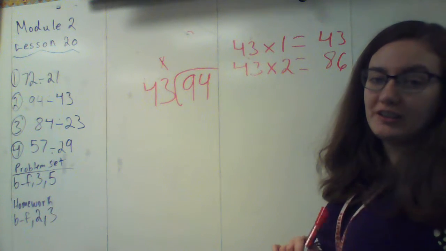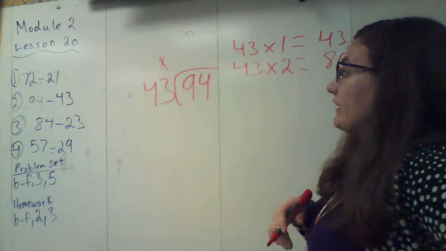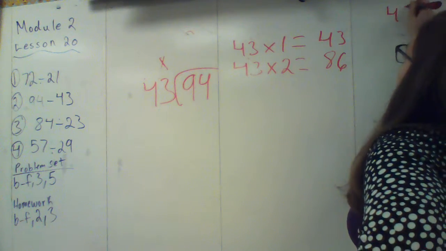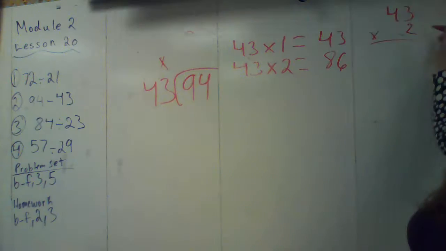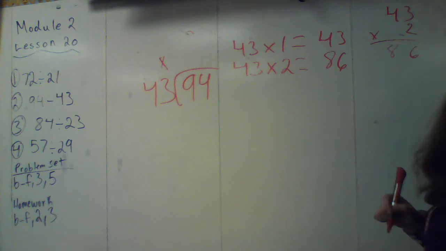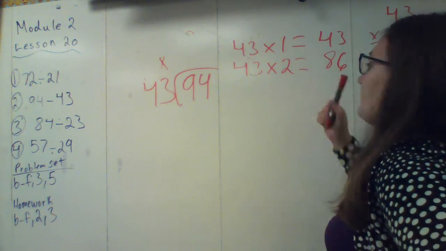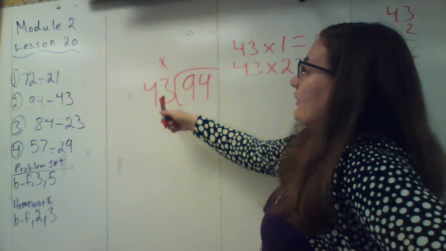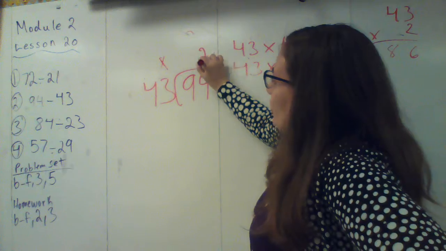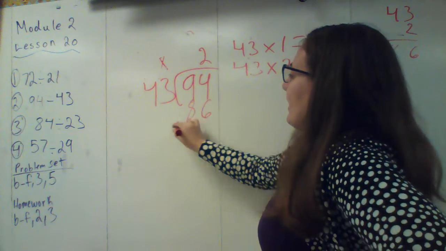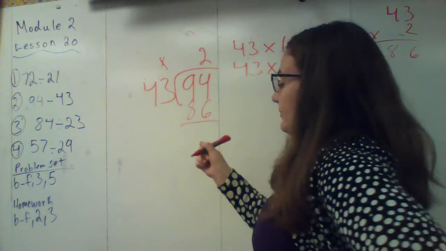If you need to do these steps, you can still set up 43 times 2 like that in standard algorithm if that helps you get the correct answer as well. So I'm going to use this factor. It says 43 times 2 is 86. And then we're going to go ahead and subtract.